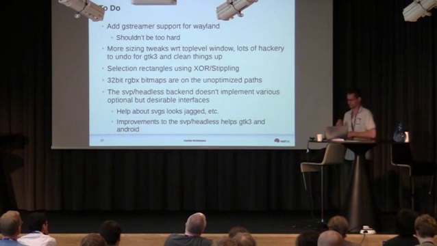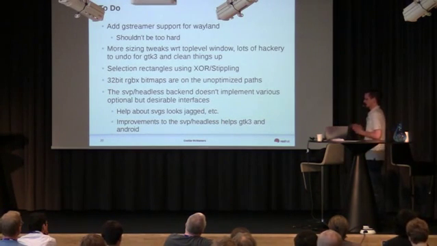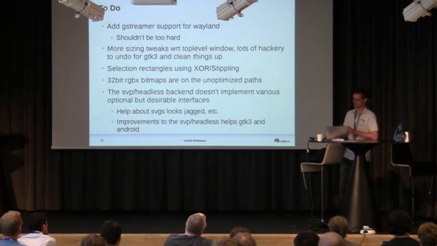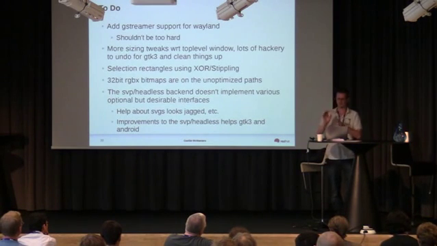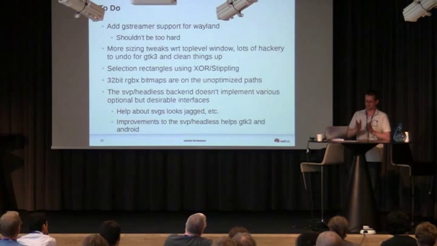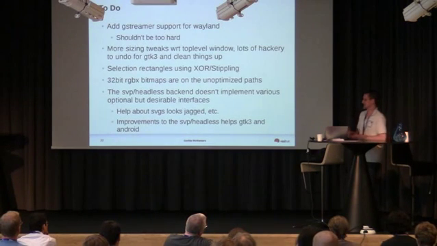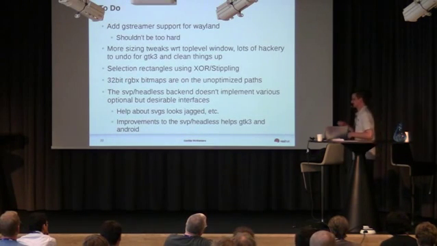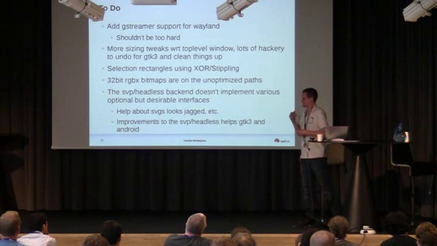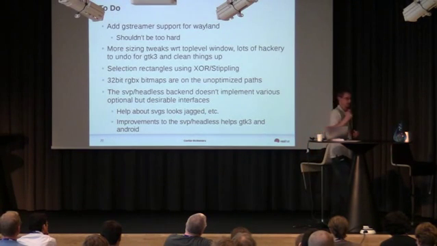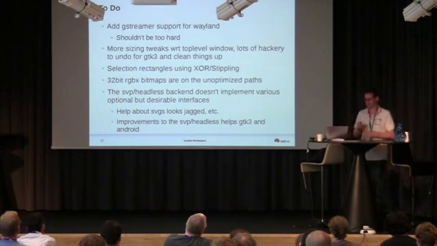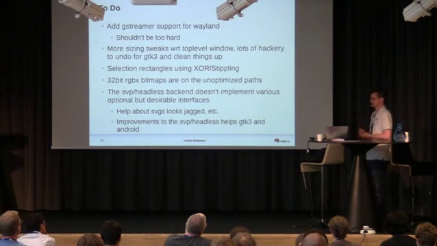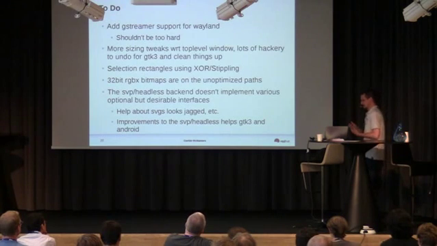For the selection rectangles, in a lot of cases we're still using the XOR selections or stippling. That's not implemented in the base BMP headless backend. And that's part of the general problem: the SVP one is designed for that document conversion kind of case, not for the visual screen case.